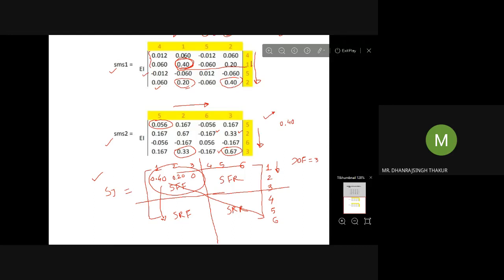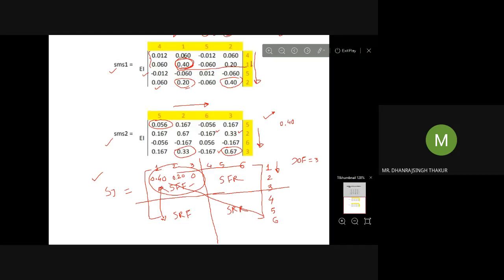So SFF means stiffness coefficient at free code due to the displacement at free code. The SFF matrix depends on the size of the degree of freedom. जितनी degree of freedom है उसका SFF का size रहेगा. So SFF is a 3 by 3 matrix. Okay, and the remaining, after making this, you will get directly the size of the other matrices.